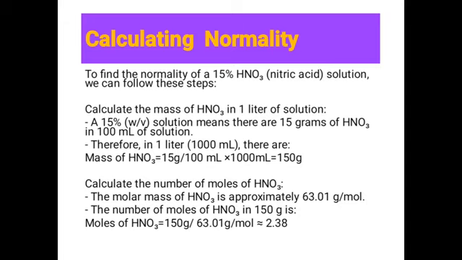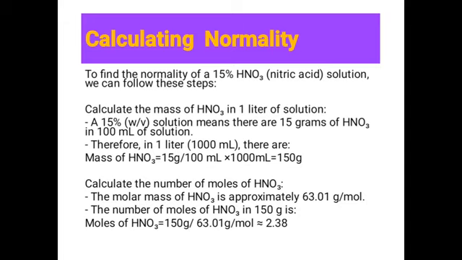The next thing we are now going to look at is to convert that mass to mole. That is 150 divided by 63.01, because the molar mass of HNO3 is 63.01 gram per mole.